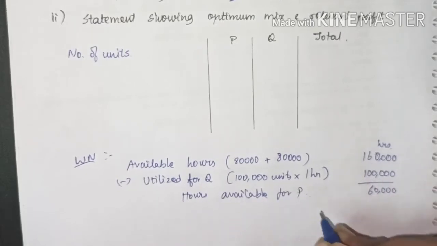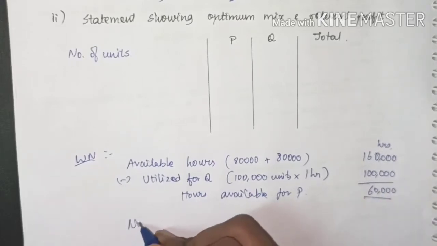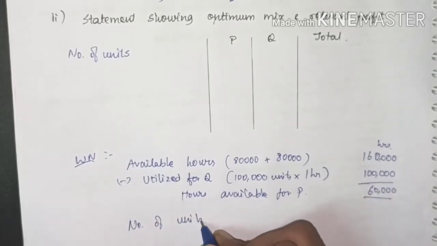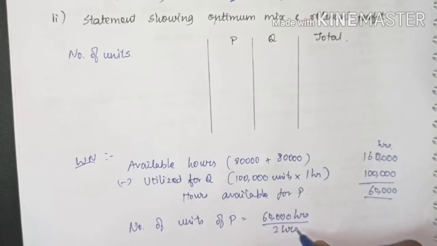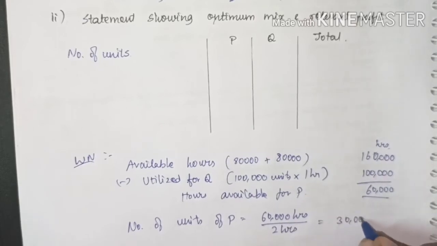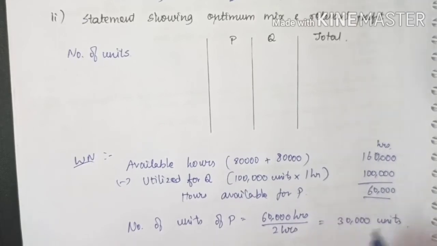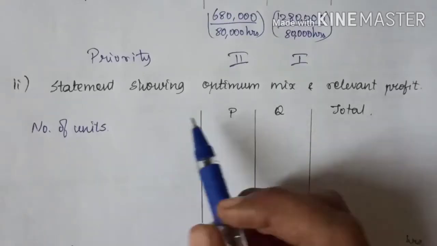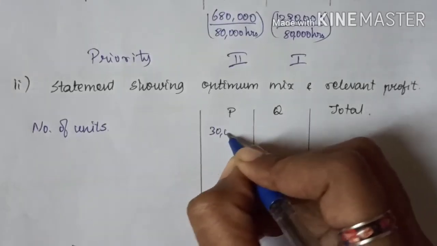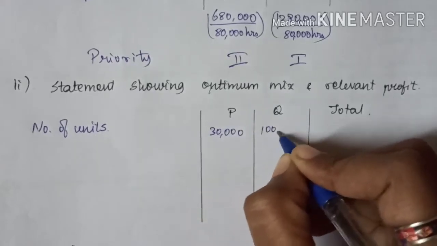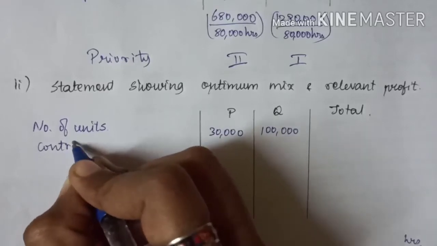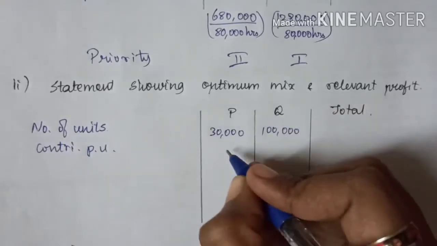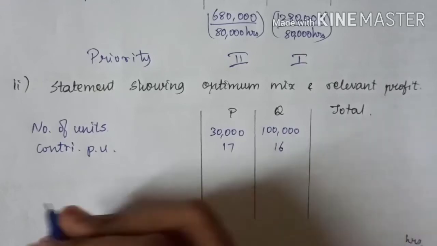Next, the number of units of P. 60,000 hours divided by 2 hours equal to 30,000 units. Number of units is 30,000 for P and 1 lakh for Q. Next, contribution per unit: 17, here 16.